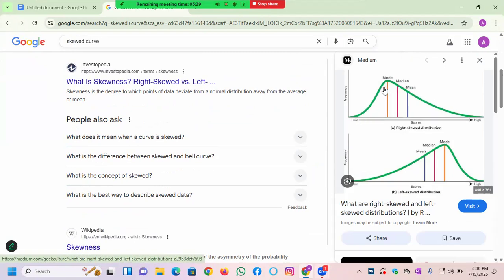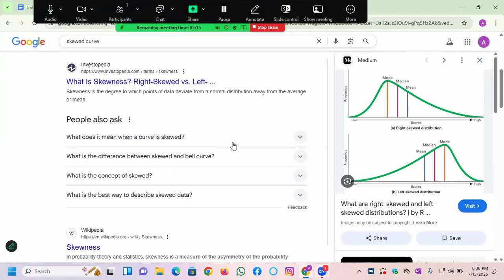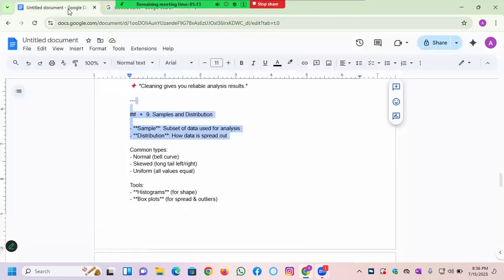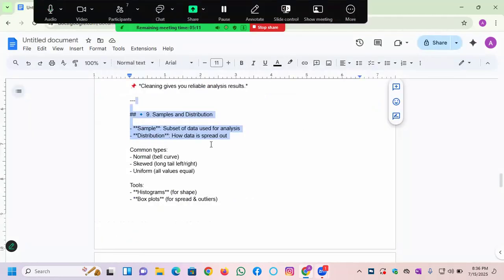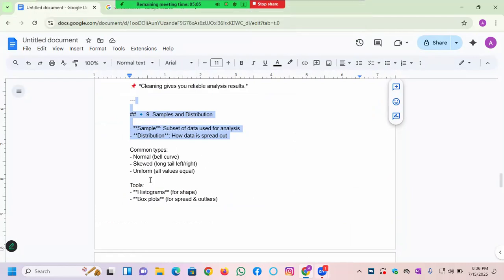You can see that the sides are not the same. One side is larger than the other side. So that's the idea of a skewed curve. Another example is uniform. All sides are the same, right? When we talk of a uniform curve, the curve is the same.